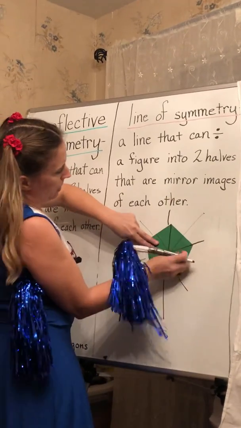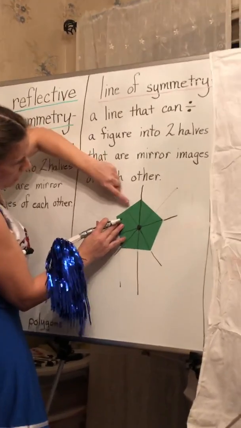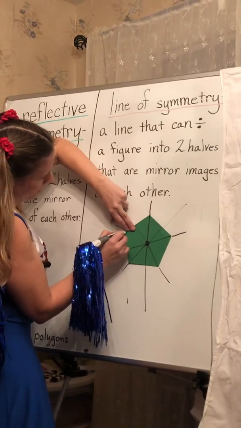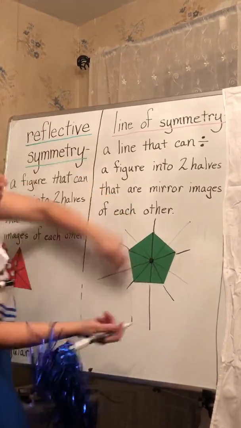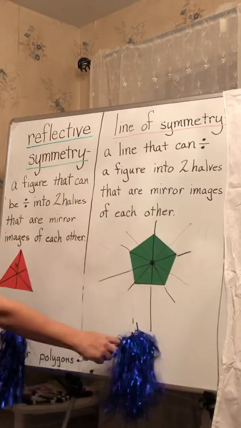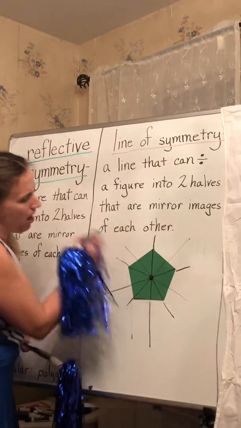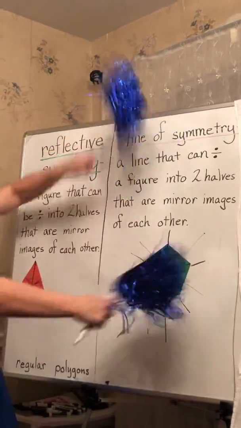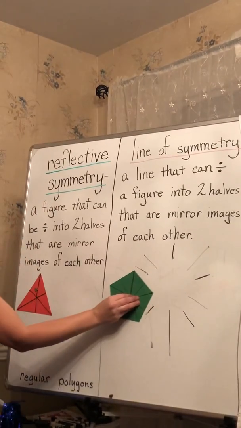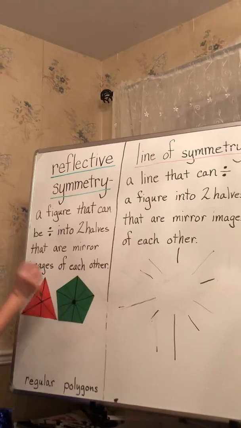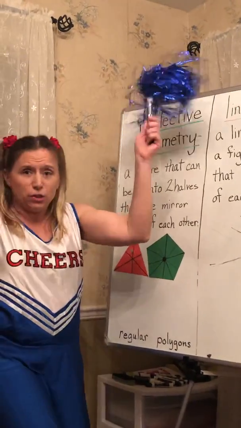Another line of symmetry. And finally, our last vertex. Divide through this vertex. And what do we see? That's 1, 2, 3, 4, 5 lines of symmetry. So the pentagon also has the same number of sides, same number of vertices, and same number of lines of symmetry.